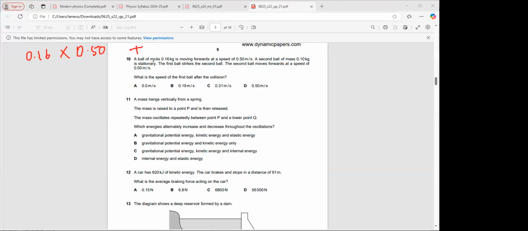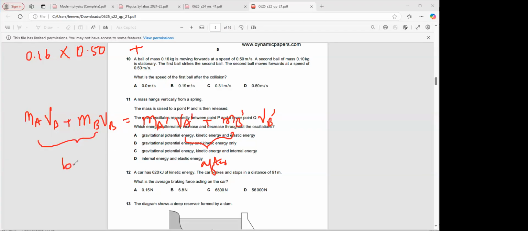What's the initial mass of the second? See, how do you write? MA VA plus MB VB is equal to, then you write the final MA dash VA dash plus MB dash VB dash. Now these dashes are after collision, and these without the prime are before collision. So mass is this, velocity is this. What is the mass of the second one? 0.10. What is the velocity of the second one before it strikes? See, it was stationary. So this will be 0.